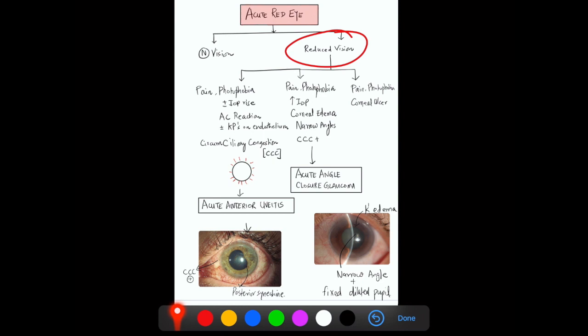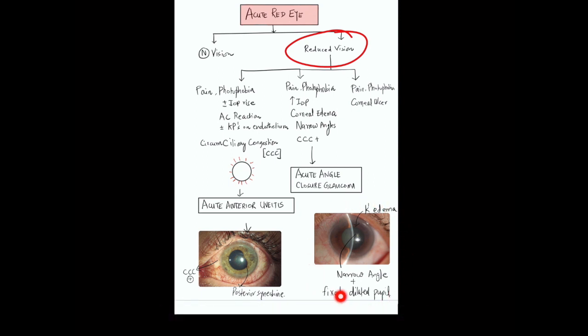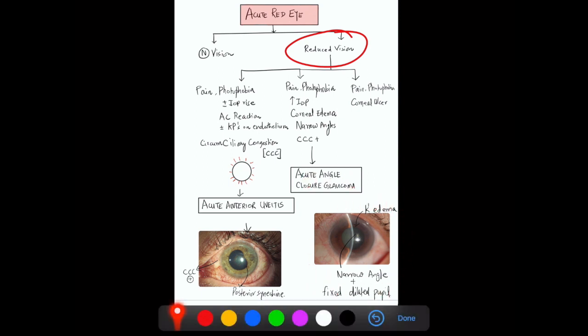There is rise in IOP, there is a corneal edema, there's going to be narrow angles, a circumcorneal congestion as you can see in this picture, which means a diagnosis of acute angle closure glaucoma. This corneal edema is the most important point to consider, along with the narrow angles in acute angle closure glaucoma. Sometimes you can have a corneal lesion which can present with pain and photophobia. So always look for an acute keratitis.